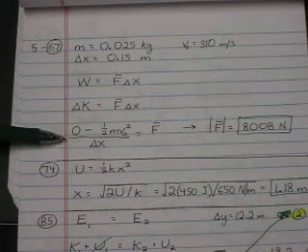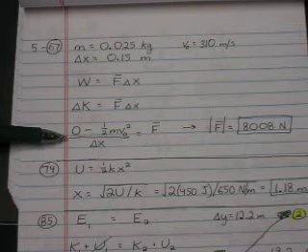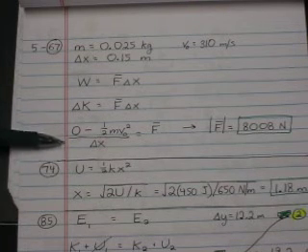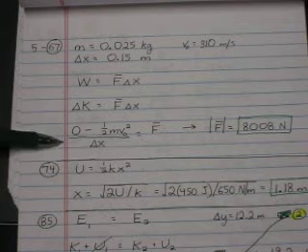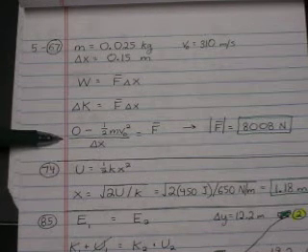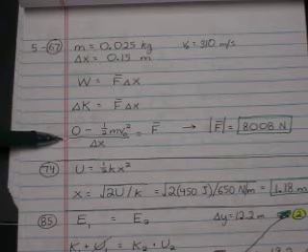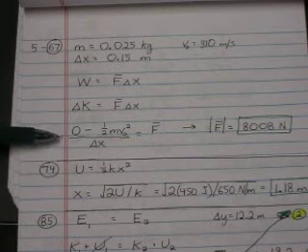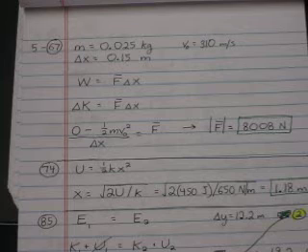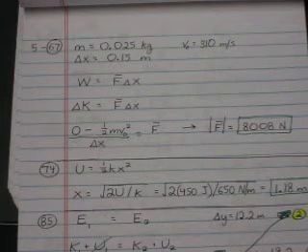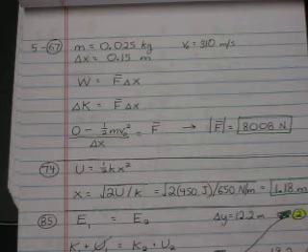So we get that the average force is negative 1/2 m v0 squared over delta x. Now the negative just has to do with what direction the force is in. It's opposite the direction that v0 was. In the end, we're going to give the answer as the magnitude of the force, not really caring about the negative. So you should get 8,008 newtons.